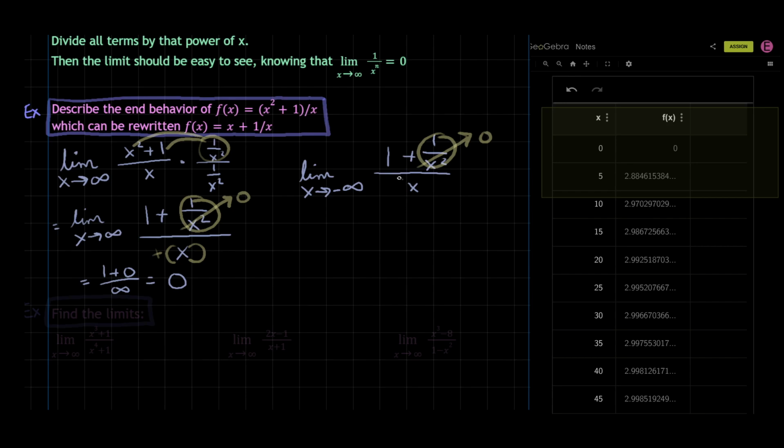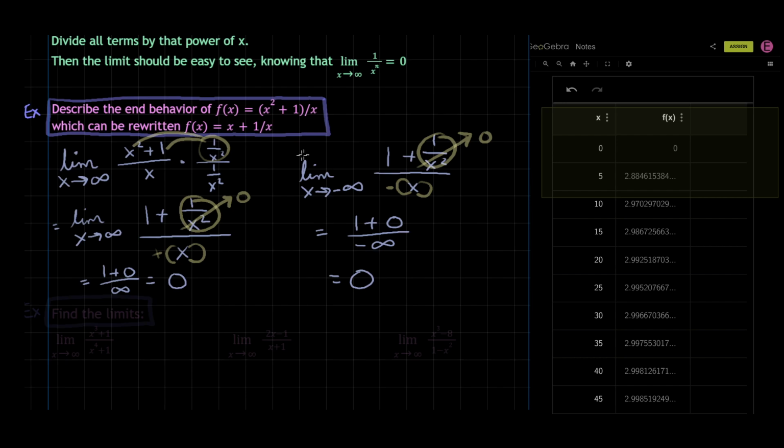But as x becomes a large negative number, the denominator is going to go to negative infinity. So we think of this as 1 plus 0 over negative infinity, which is still 0. Sometimes that negative that pops up could matter during the course of these problems.